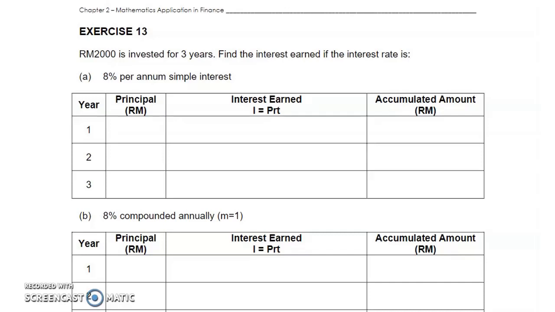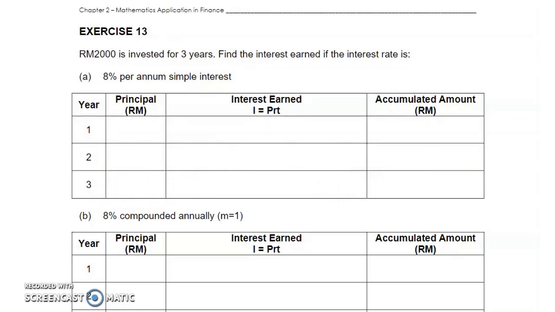Okay, 2000 ringgit is invested for 3 years. Find the interest earned if the interest rate for A is 8% per annum using simple interest. So I put in a table like this just to show how we calculate it year by year. Since it is 3 years, I have 3 rows: year 1, year 2, year 3.